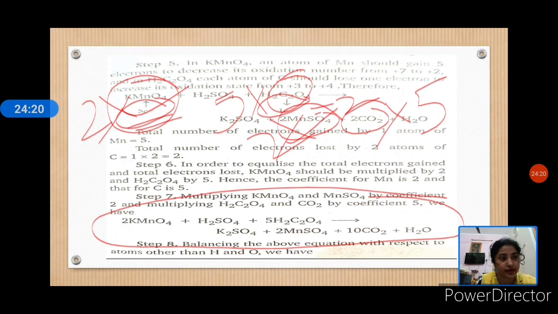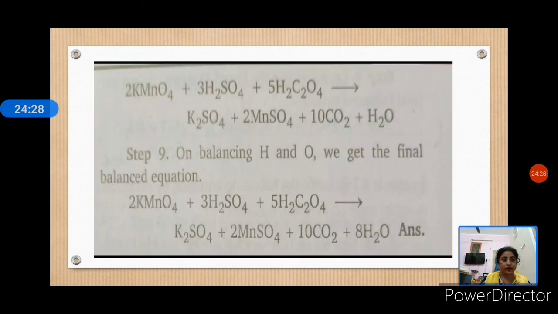We will balance hydrogen and oxygen at the last, so here don't count even the hydrogen and oxygen. Let's see the equation we are getting. We balance the rest of the elements except hydrogen and oxygen. The last step is balancing hydrogen and oxygen, and we get the final balanced equation.